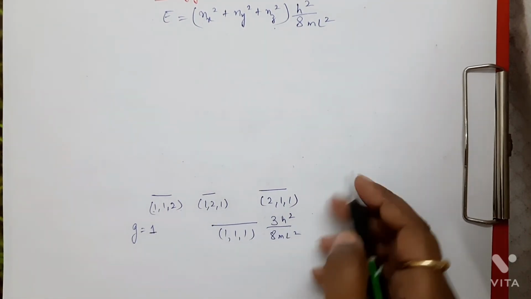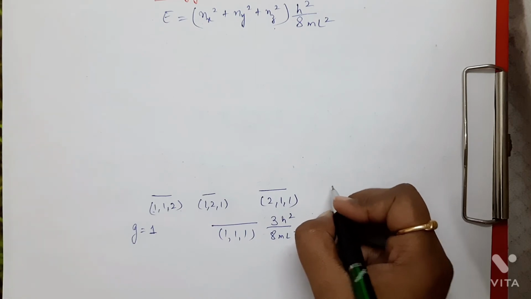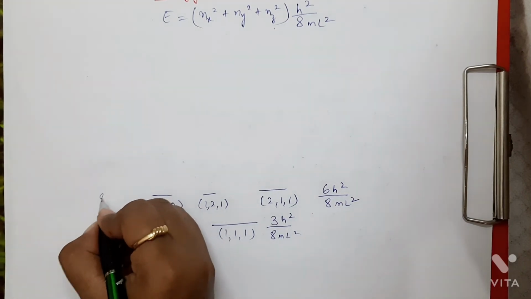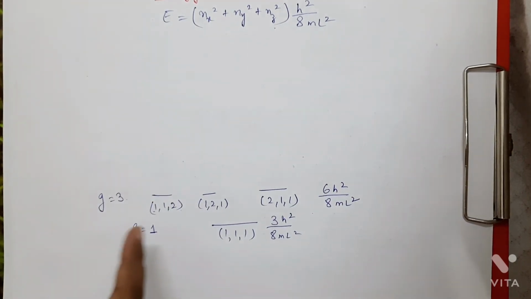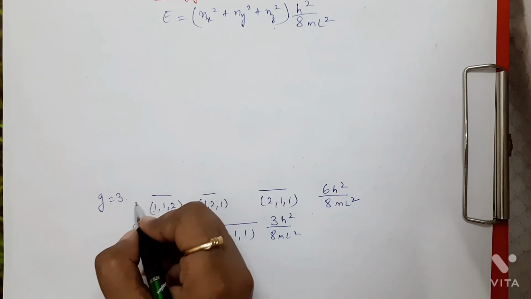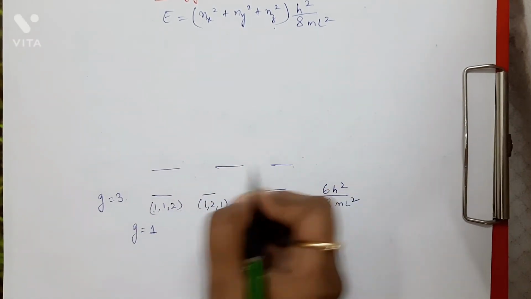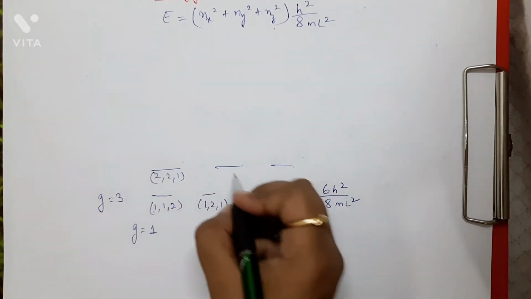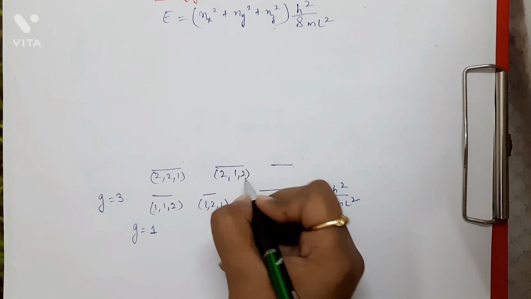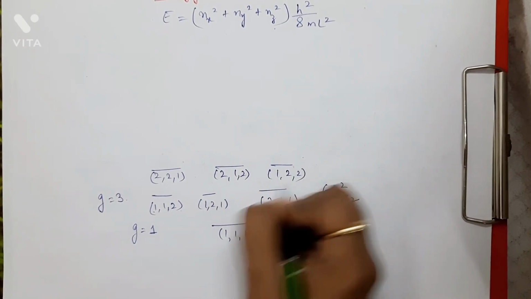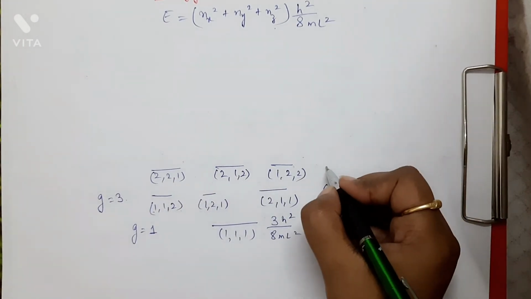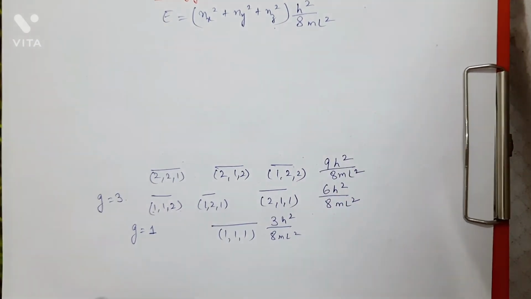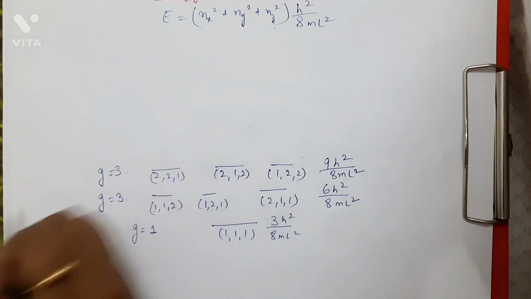In either of these cases we are going to get the energy as 6h square by 8ml square. So here degeneracy is equal to 3. Now above this, we can have the values of nx, ny, nz equal to 2, 2 and 1. How can the values shuffle? 2, 1, 2 and 1, 2, 2. In either of these cases we are going to get the energy as 9h square by 8ml square. Degeneracy is again 3.